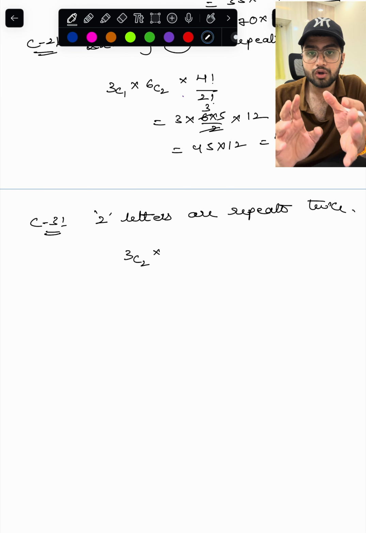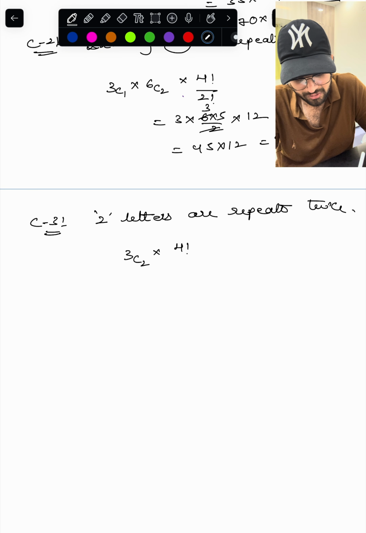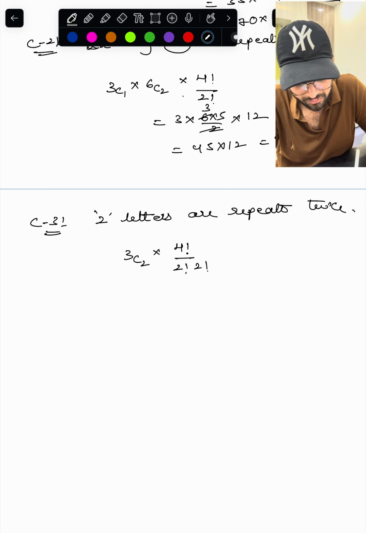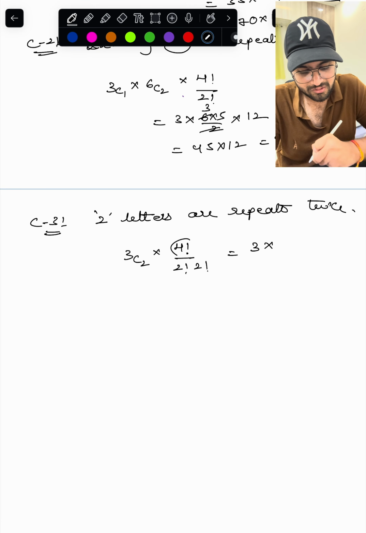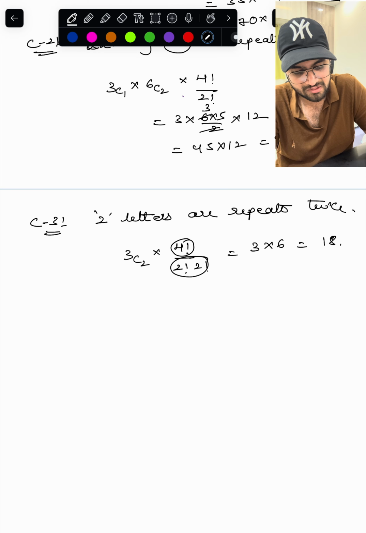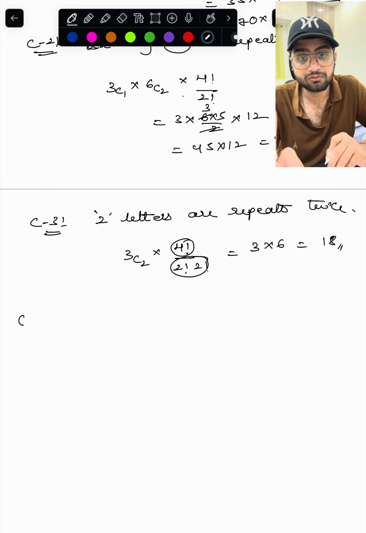Now I have 2 letters each, right? In how many ways can I arrange them? 4 factorial by 2 factorial, 2 factorial. 3C2 means 3C1, which is 3. So 24 by 4 is 6, and 6 times 3 is 18. So 18 words will be formed.